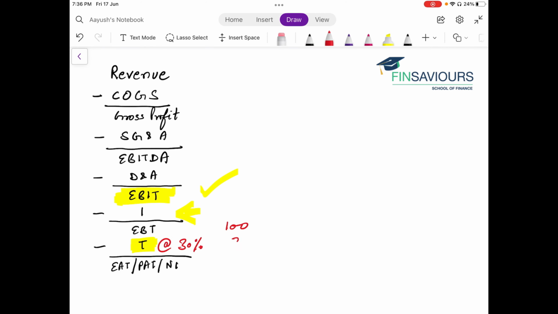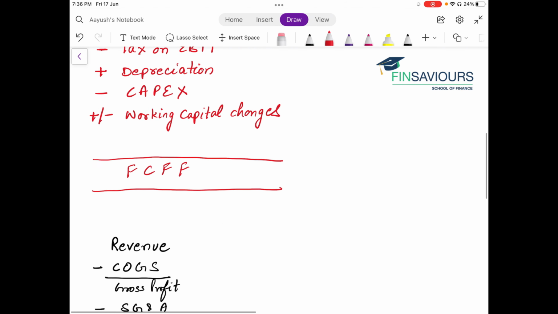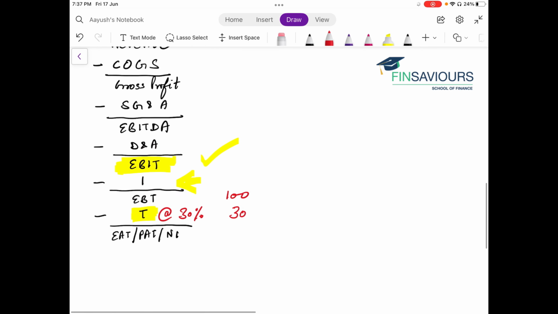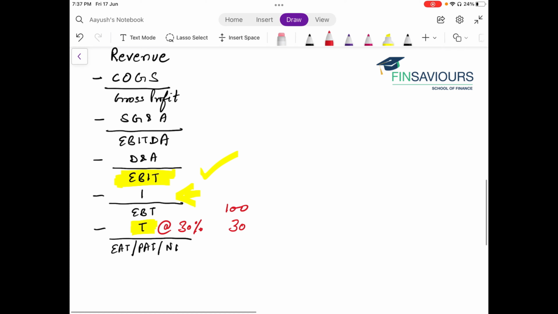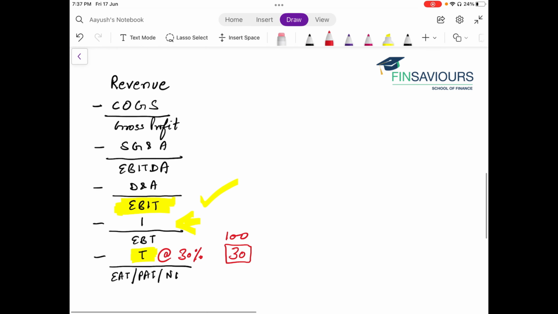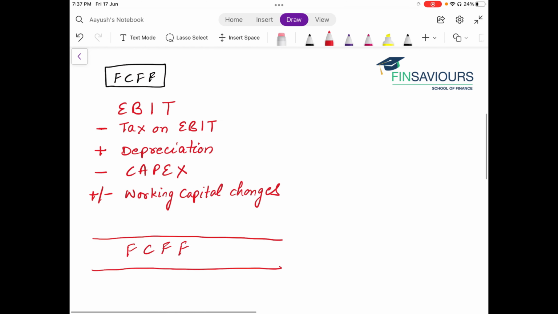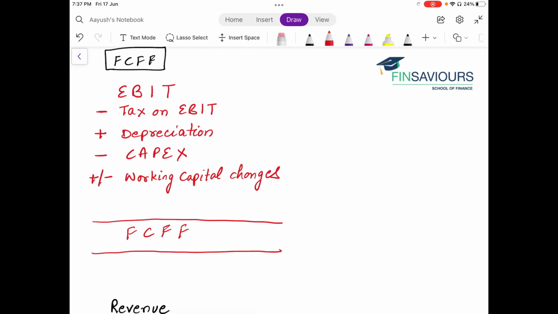So the tax that you get is 30. Now, in your income statement, you are showing this 30 as tax. Is this the same tax while applying this FCFF formula? So should it be 30 over here? Absolutely not. If you say yes, you need to listen to this very carefully.